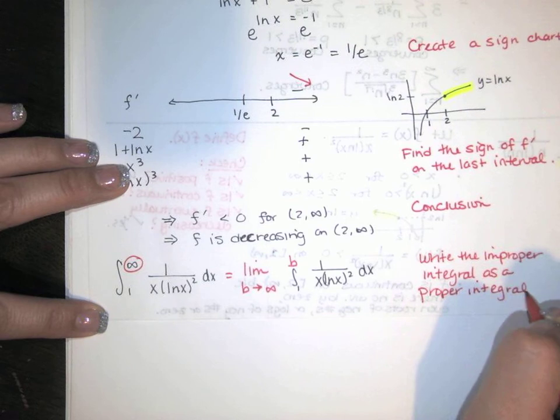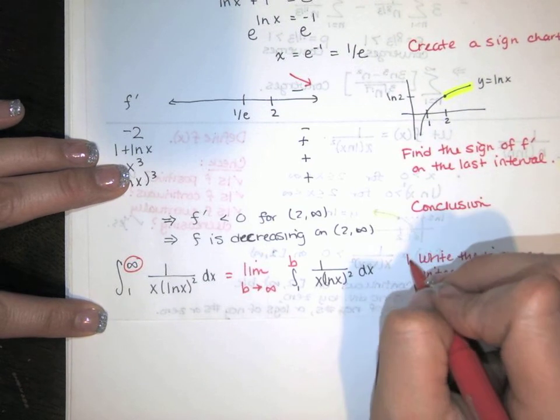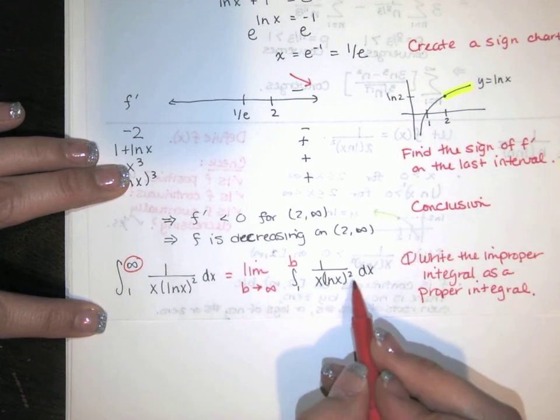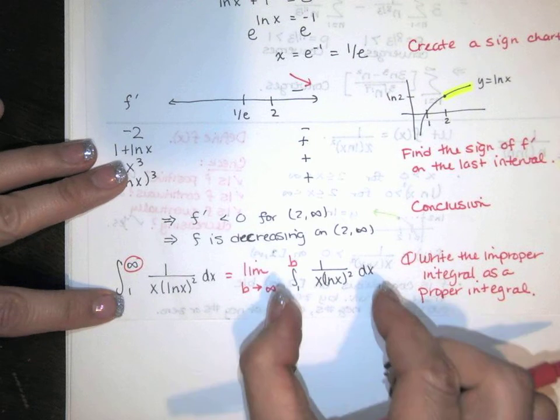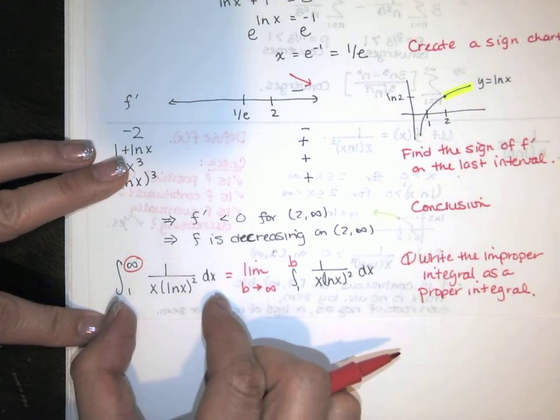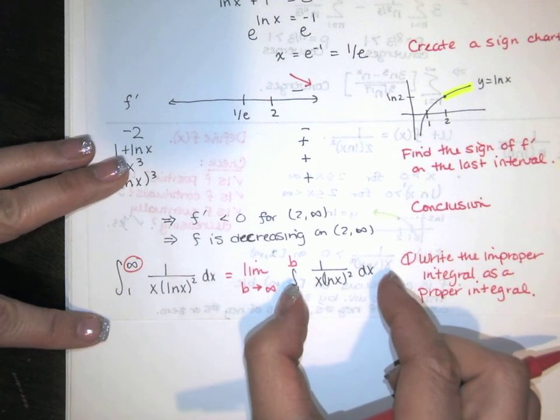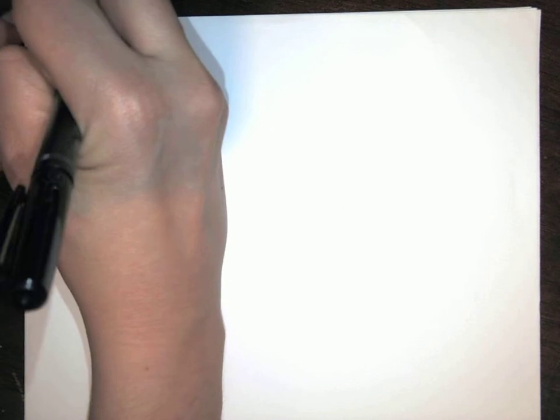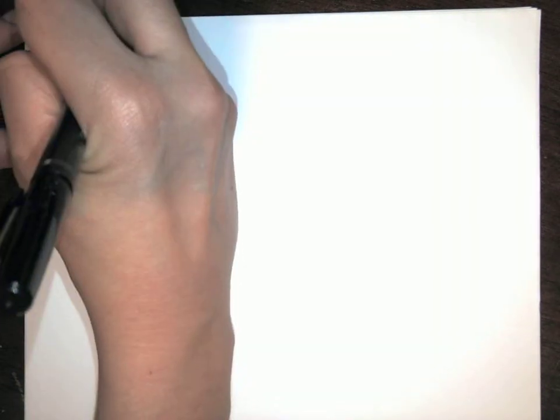And then, whenever evaluating improper integrals, we evaluate the proper integral using the fundamental theorem, because the fundamental theorem applies to this, but it did not apply to this. So we go ahead and use the fundamental theorem here. So I guess I should be using equals, not implies. This is the limit as b goes to infinity of this guy. I'm just going to rewrite it.